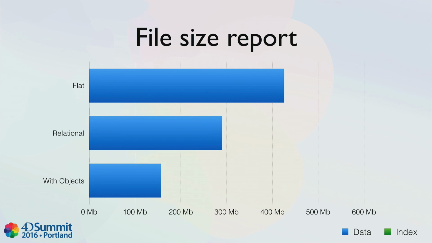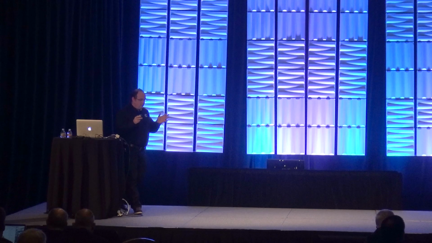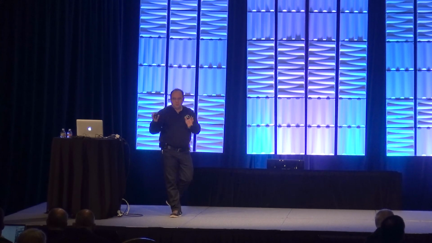In the relational database, you have links between the tables, so it's necessary to take care of the size of the indexes, in green. So with the flat, we have no index. With object, we need a little one, and with a relational database, we need a lot of indexes. Okay, we have 3 versions of the structure.